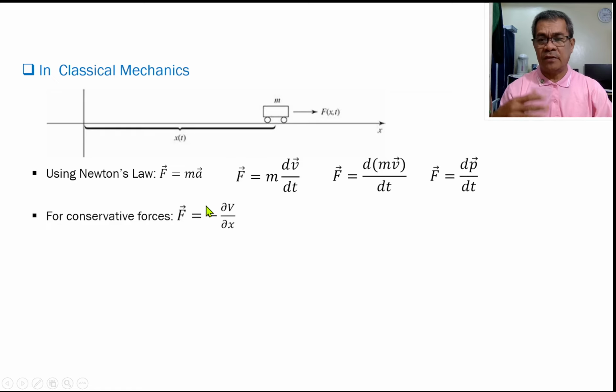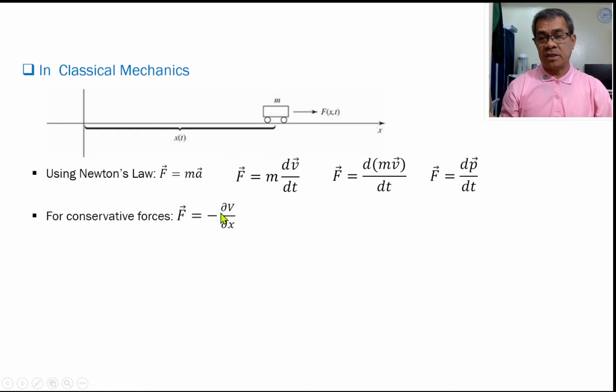So in this case, if we have this conservative force, then generally the conservative force is equal to the negative change, or the derivative, of the potential energy V with respect to the position. Take note, not with respect to time, because potential energy depends on its position.